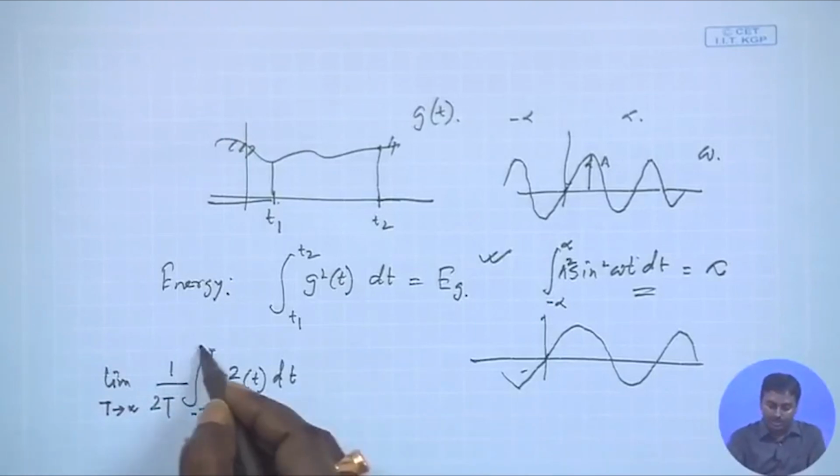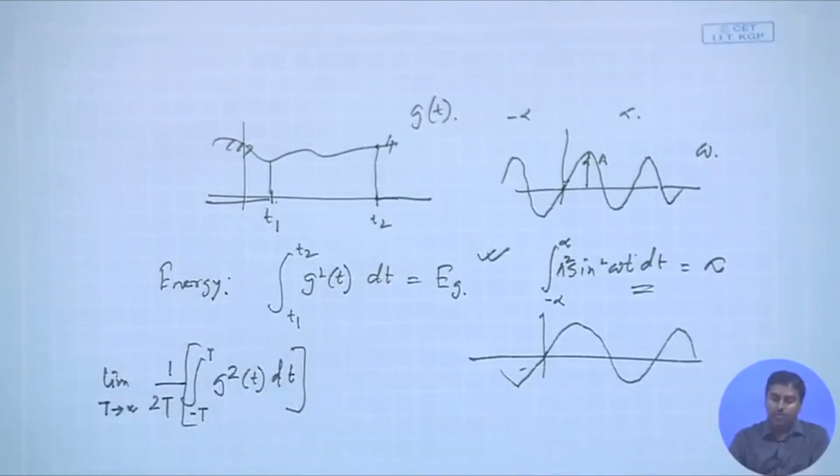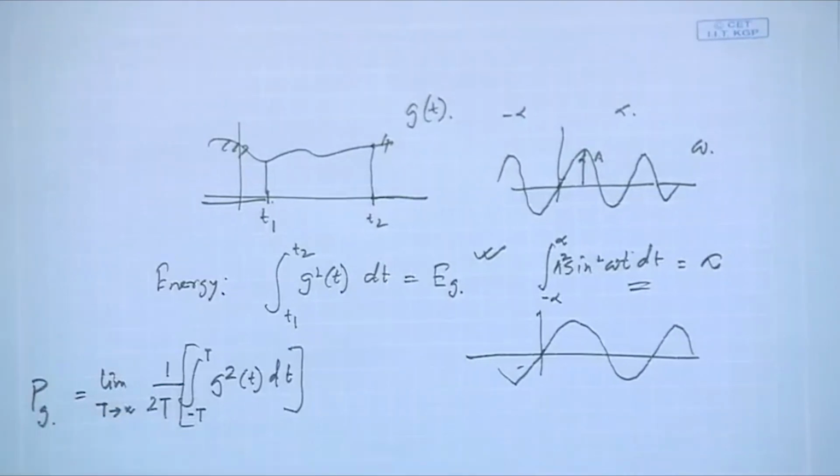So from minus T to plus T, I calculate the energy of the signal, I divide by the time period which is 2T, so I get the power of this signal, and then I stretch time to infinity. That means I capture the whole signal. So this is the power of the signal g.